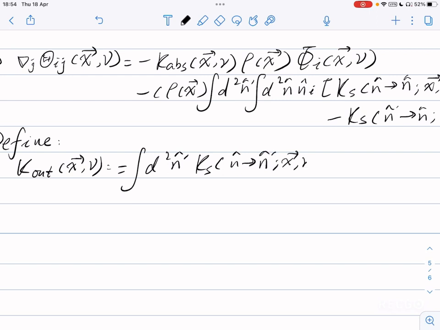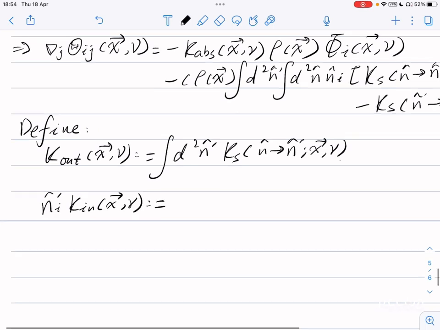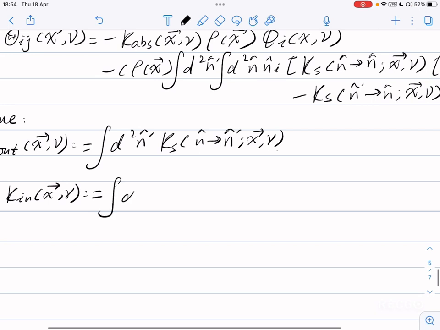And chi in, the i component of n prime, is the integral over direction n of the i component of direction n times chi scattering from n prime to n.